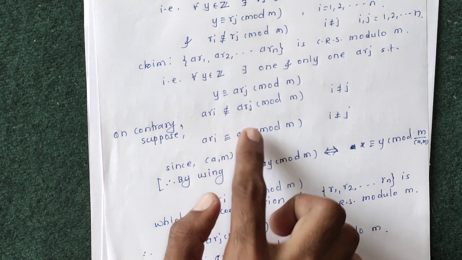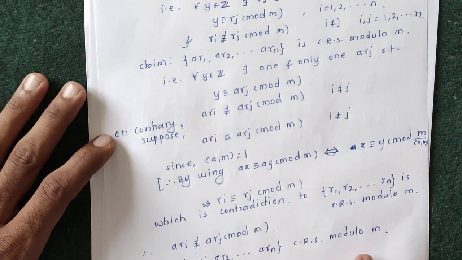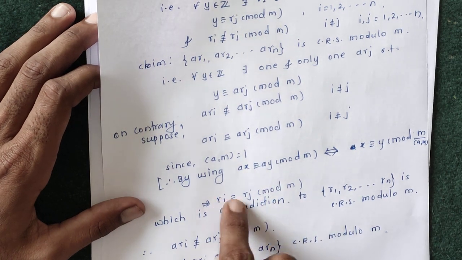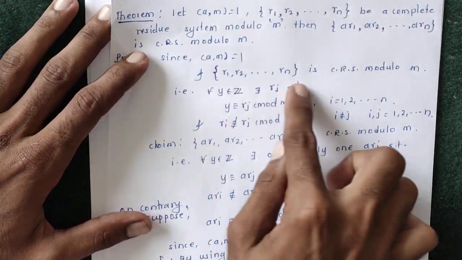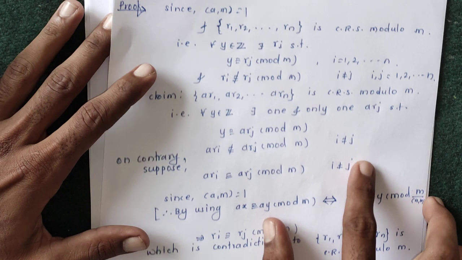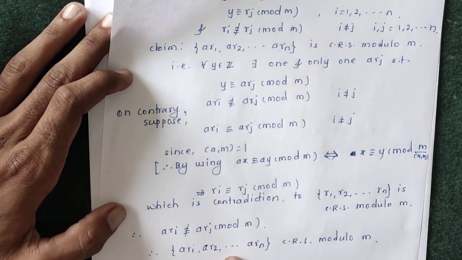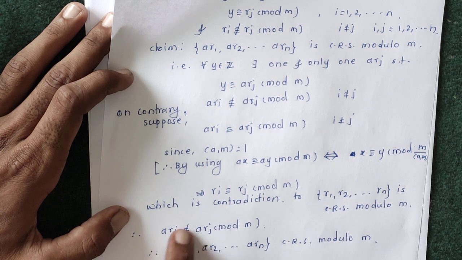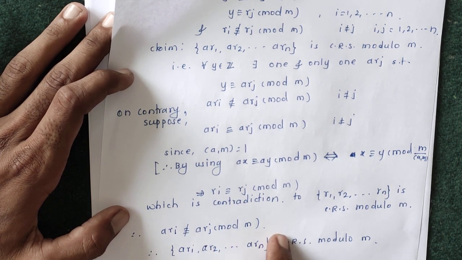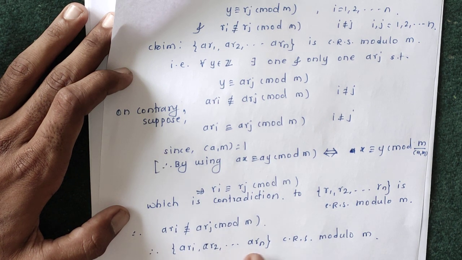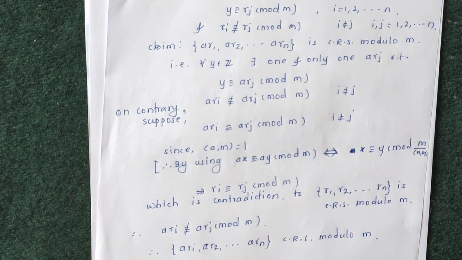This gives a contradiction to R1, R2 up to Rn being a C.R.S. under modulo m. So ARi must not be congruent to ARj modulo m, and this says that AR1, AR2 up to ARn form a C.R.S.